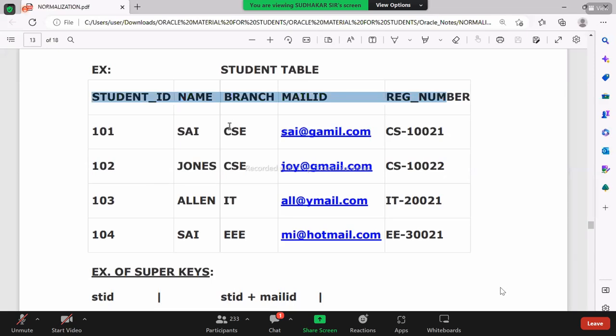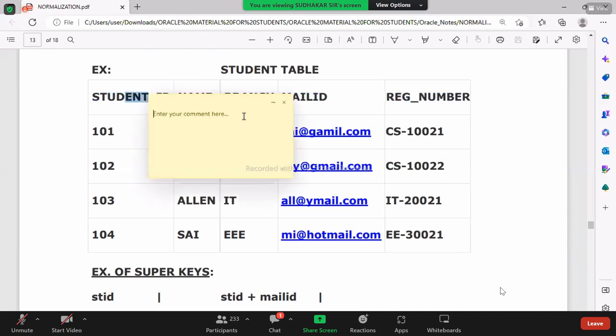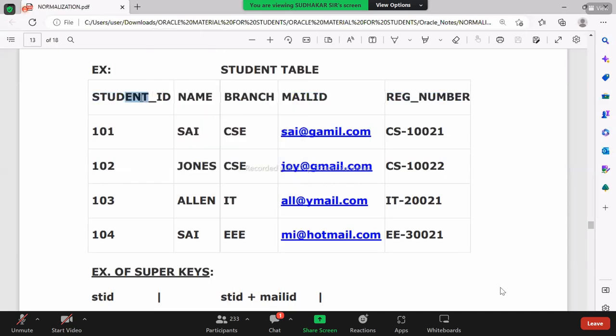Now what the super key is telling is, you can check every individual column: is there any duplicate or not, or else is each and every row value uniquely identified or not? In a column there are how many values, either 4 or 5 or 10 or 100.